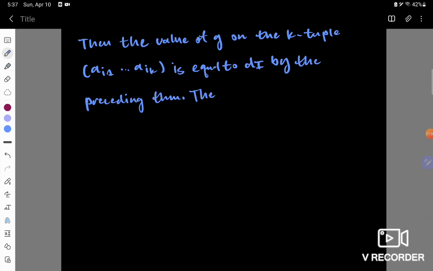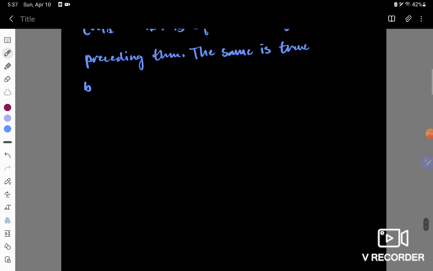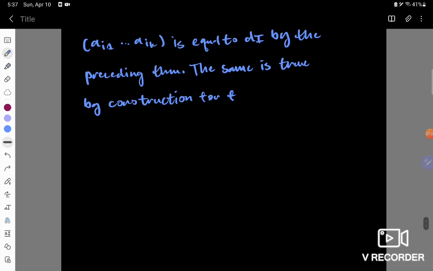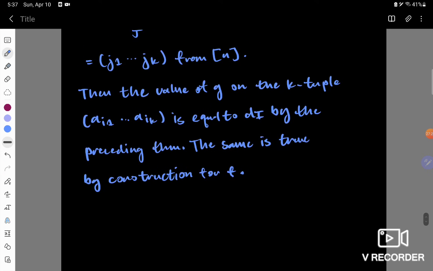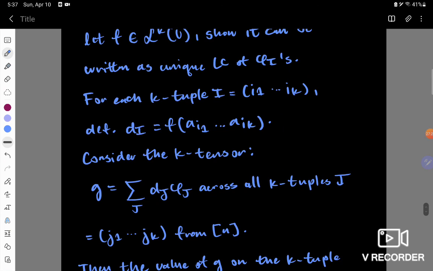The same is true by construction for F actually, because F is unambiguous because we defined F just up here.